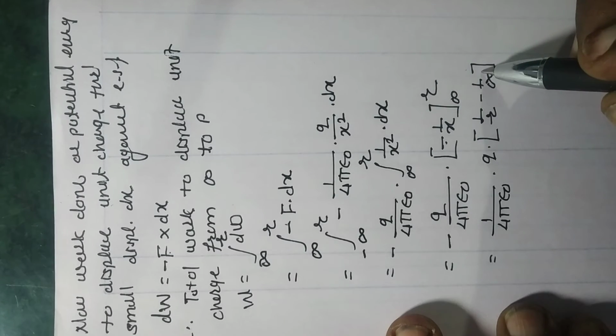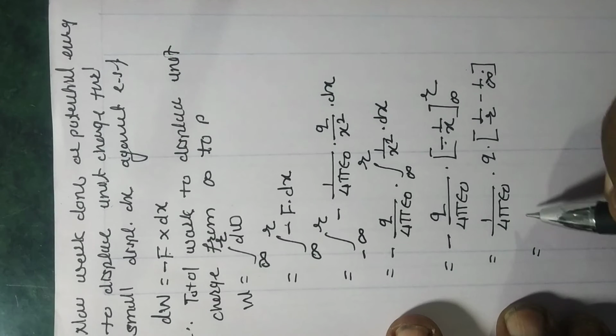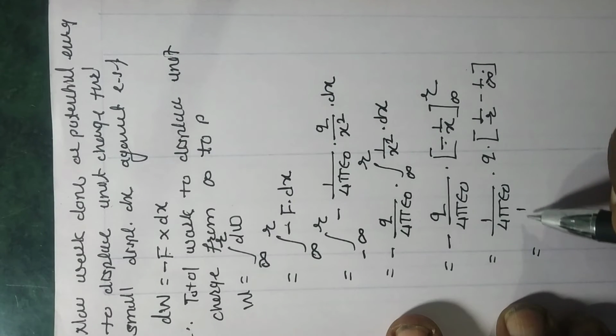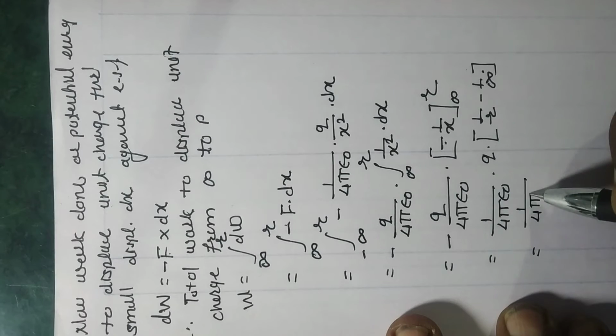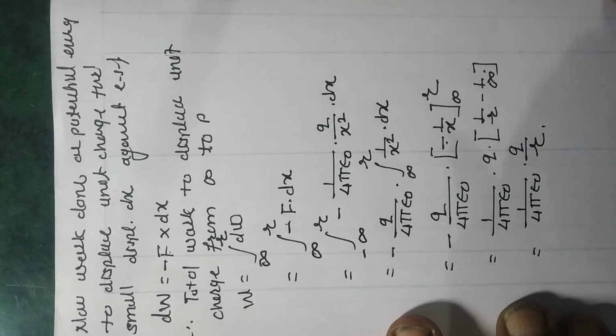But 1 by infinity is always 0, and therefore work done, that is 1 divided by 4 pi epsilon into Q divided by r.